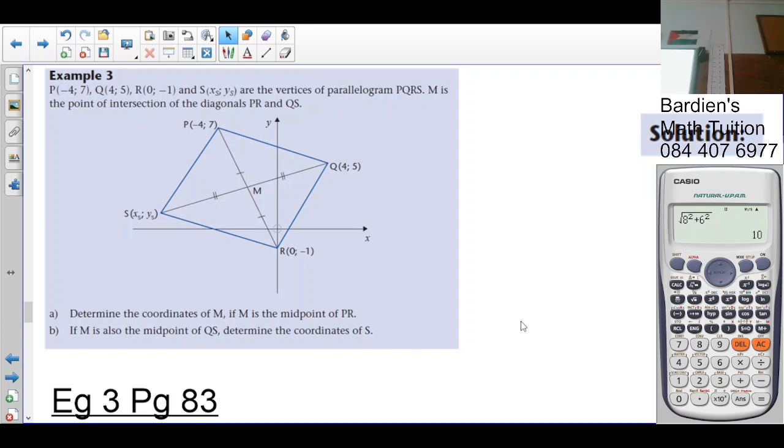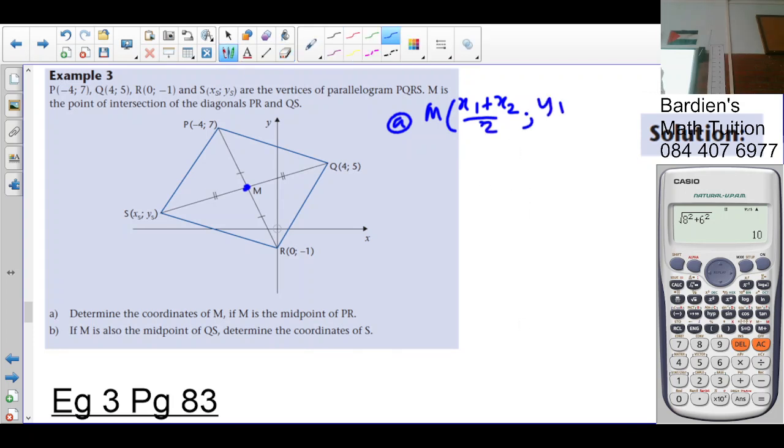The question says, determine the coordinates of M, the midpoint of PR. So how do I work out the midpoint? It's going to be (x1 plus x2) over 2, (y1 plus y2) over 2.